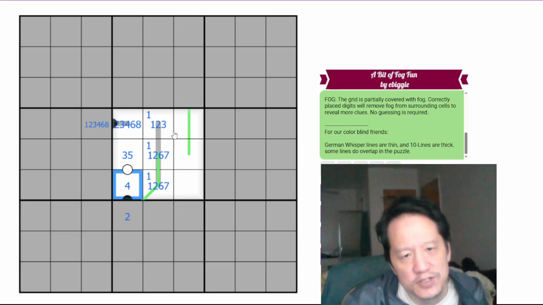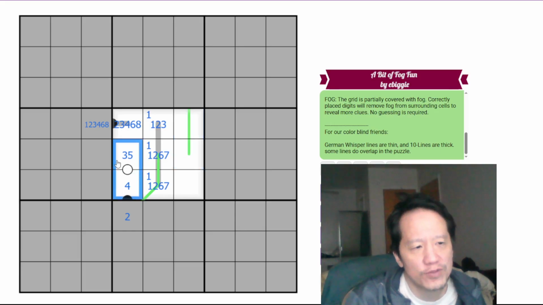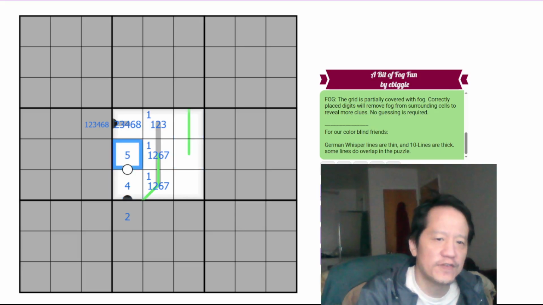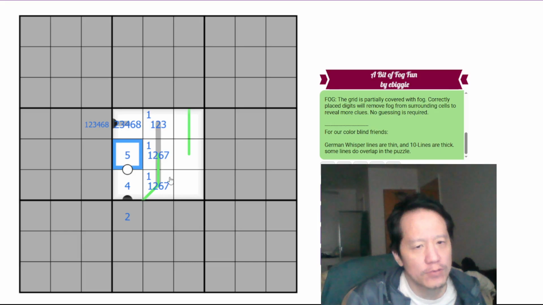But one of these digits must be low. And if one of those digits is low, it can never be 4, 3. So this could be 4, 5, and that works. Right.